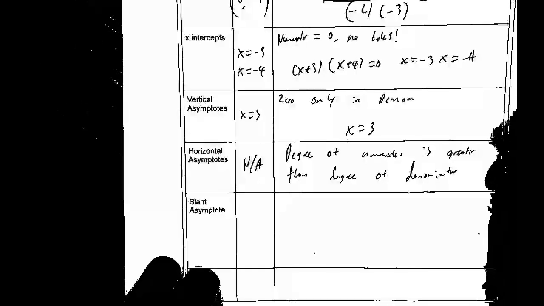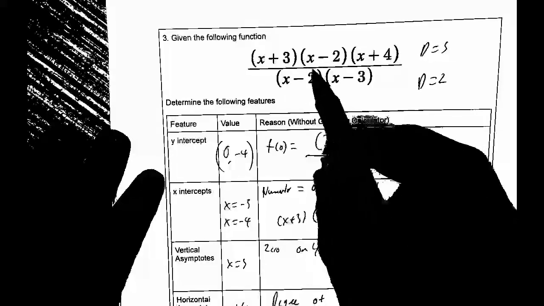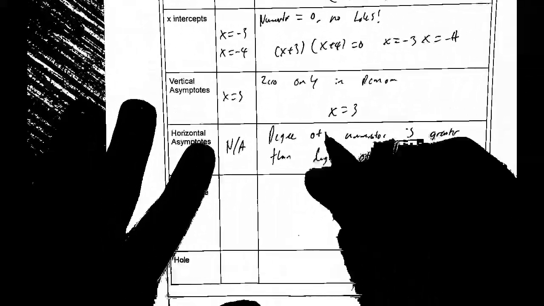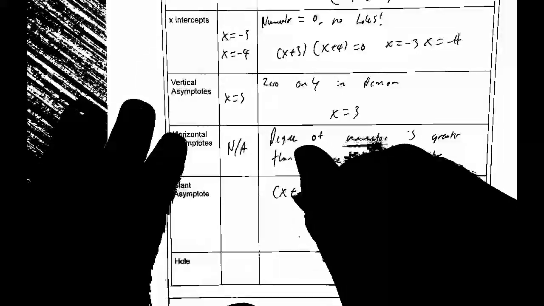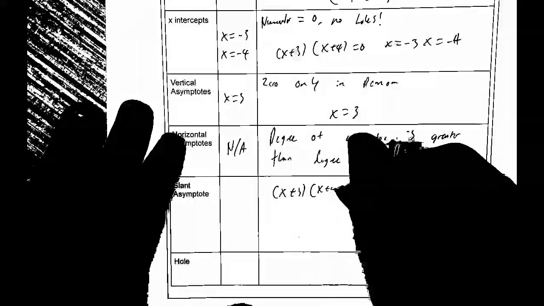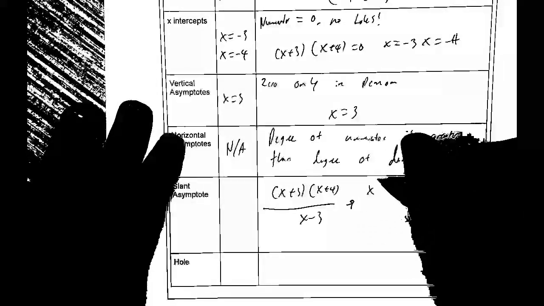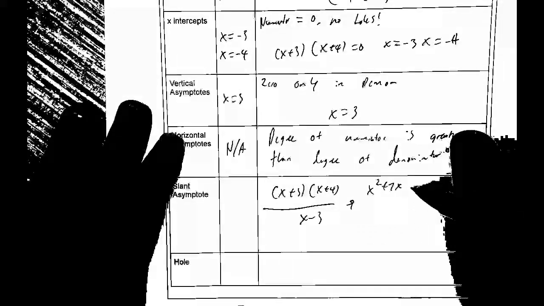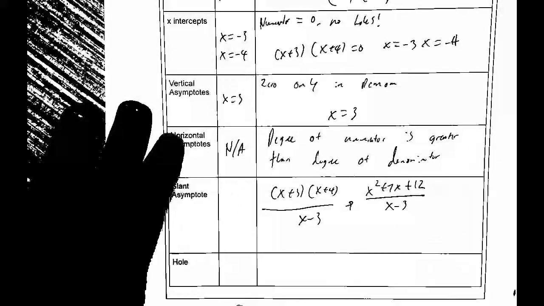Slant asymptote. To find the slant asymptote, you divide the numerator by the denominator. Because we can cancel out the x minus 2, we can just write it as x plus 3 times x plus 4 divided by x minus 3. It's the same as x squared plus 7x plus 12 over x minus 3.